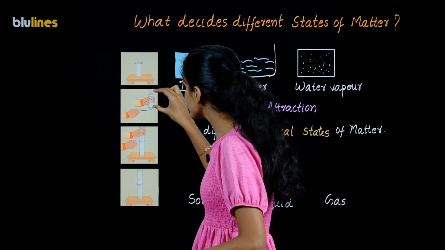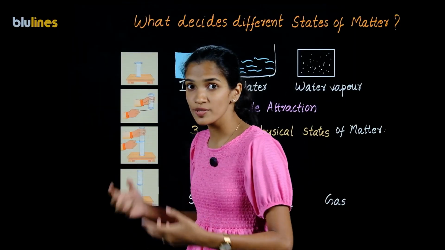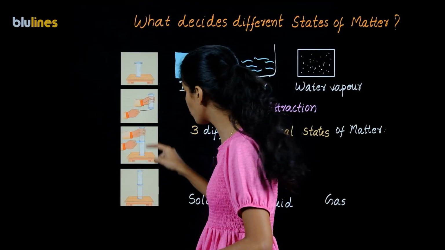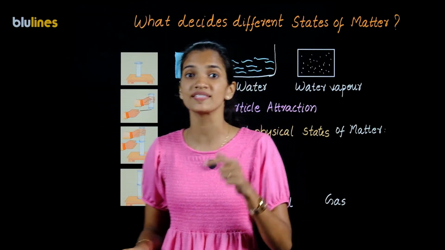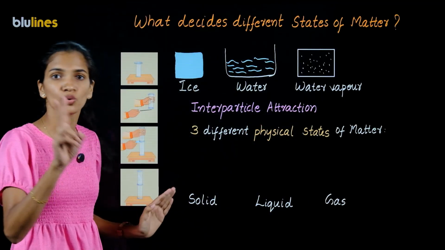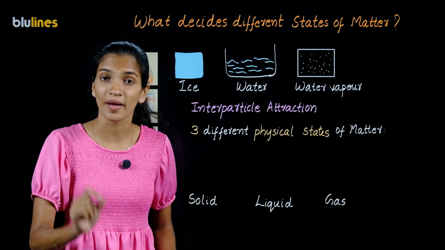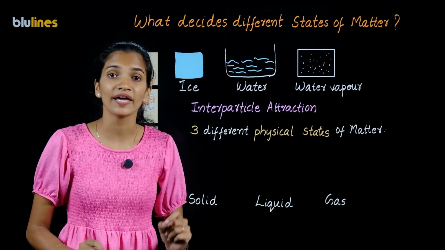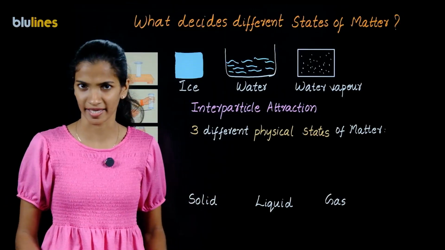Now I place that tumbler on the top of a second tumbler. Now it is possible for the gas particles to move around, and obviously now the gas will have the shape and size of those combined two tumblers. That means gases do not have a definite shape and a definite volume. They take the shape as well as volume of the container in which they are kept.